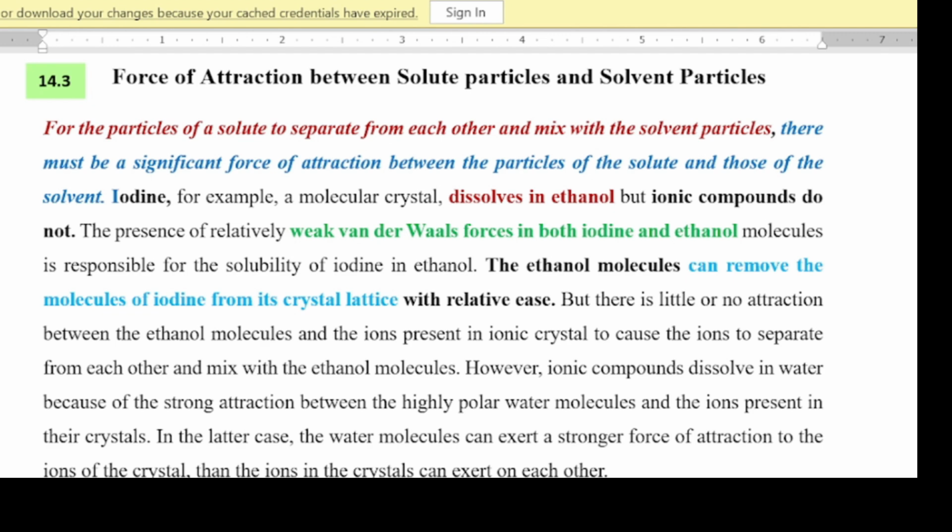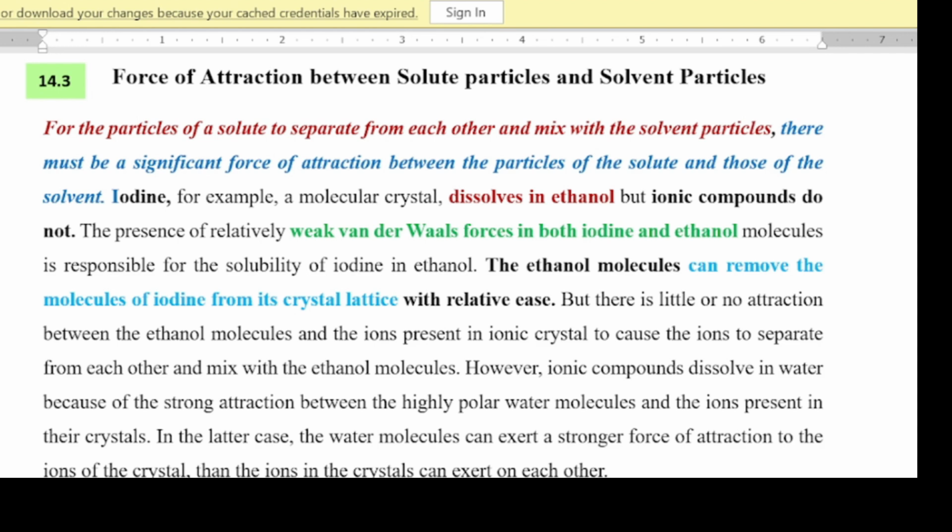Iodine's nonpolar molecules are held by relatively weak London dispersion forces. Ethanol molecules are held by both London dispersion forces and a little bit of hydrogen bonding. So to separate the iodine molecules from the crystal will not be a big deal for ethanol, because you're removing molecules that are held by very weak forces.